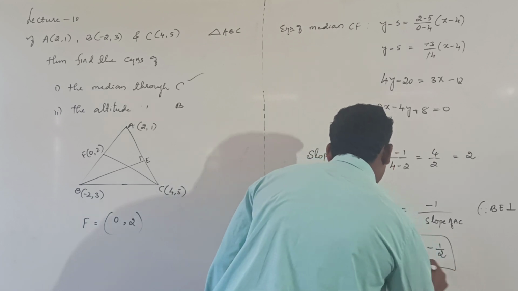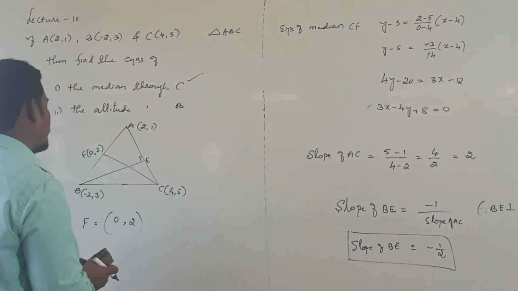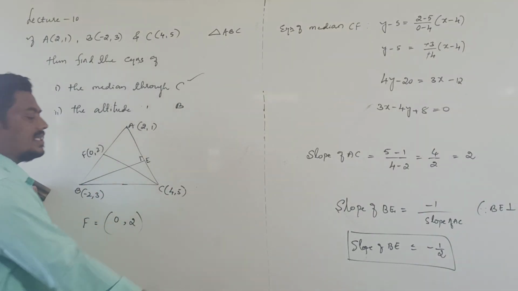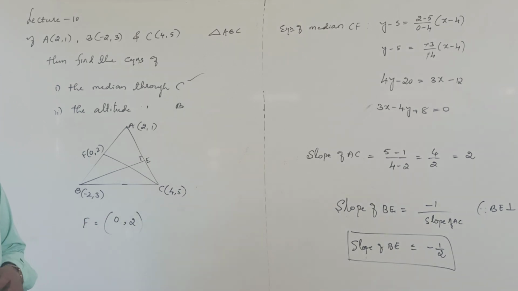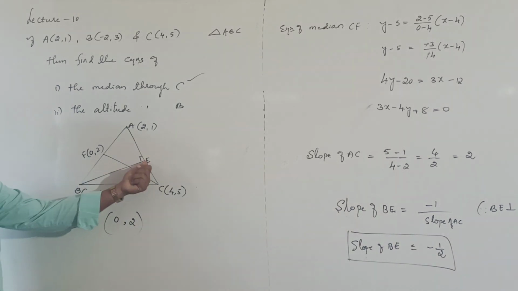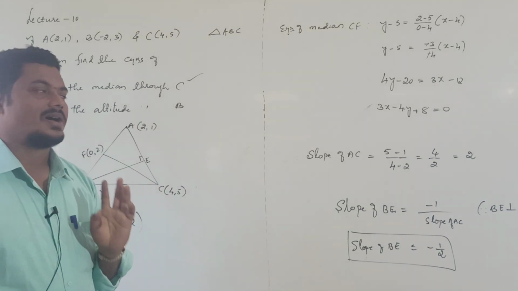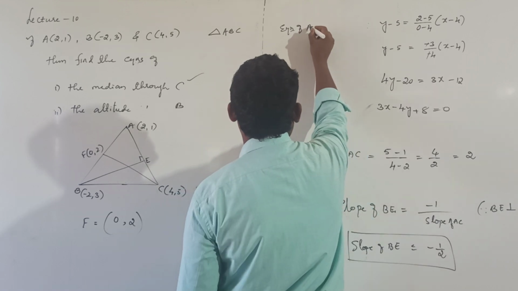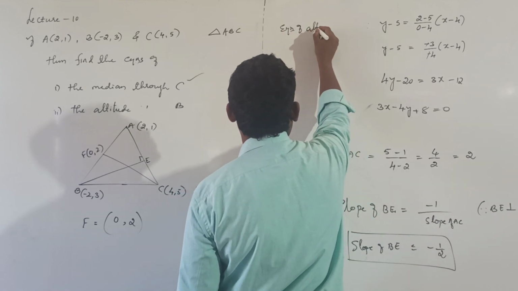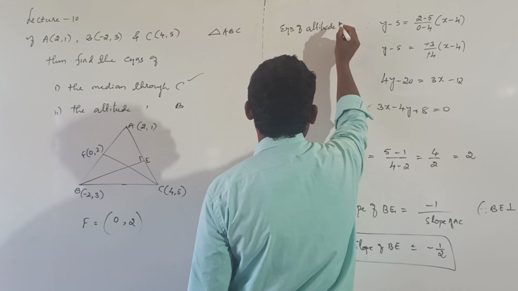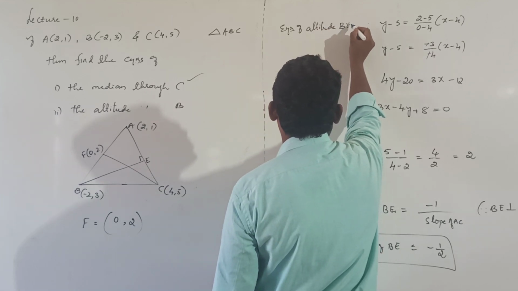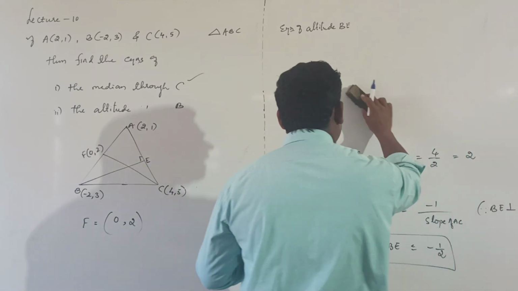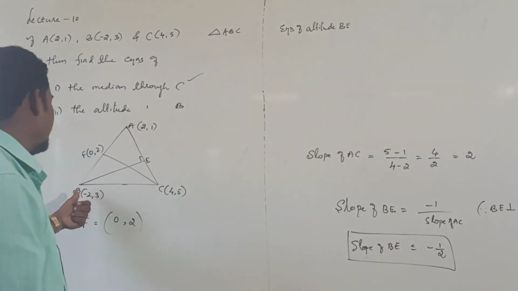Then how to find the equation of altitude BE? Its slope is given. What is the slope? Slope of BE is minus 1 by 2 and 1 point. Using the slope and point formula, equation of BE, equation of altitude BE. Already you have the slope and 1 point.